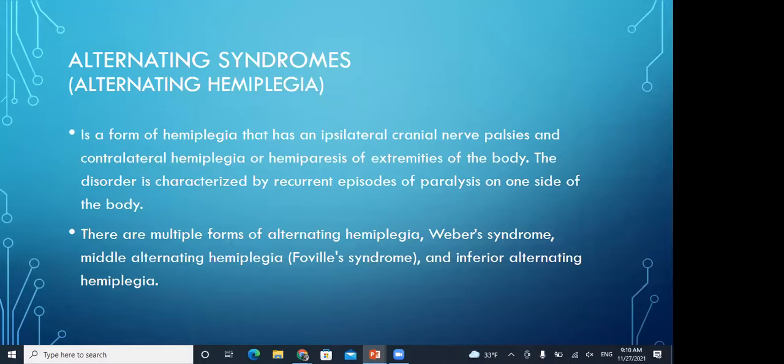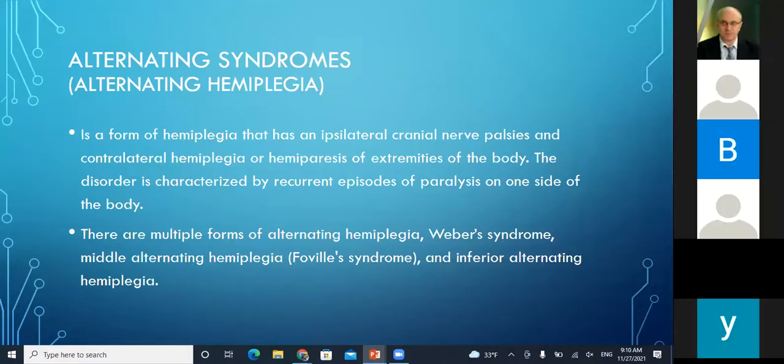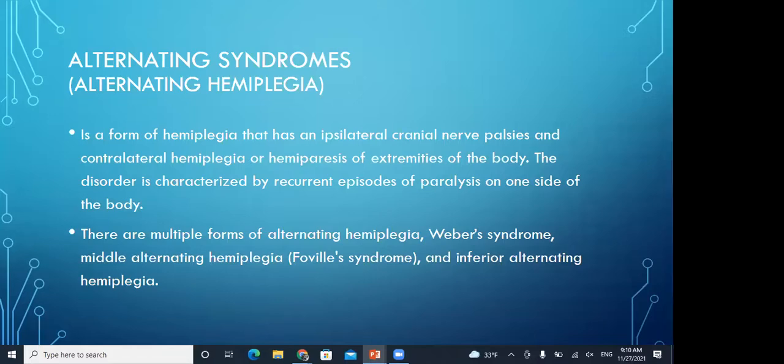Alternating syndromes, especially alternating hemiplegia, is a form of hemiplegia that has an ipsilateral cranial nerve palsy and contralateral hemiplegia or hemiparesis of extremities of the body.